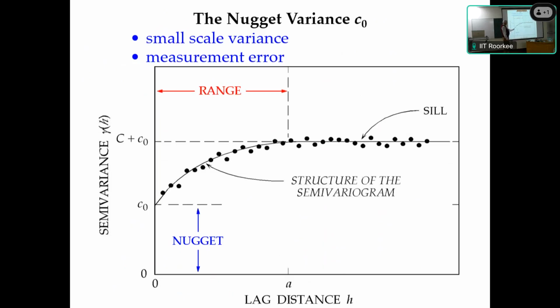On top of that nugget, we get the structured variability. The nugget is C sub naught, and the structured component is C, and here we have C plus C naught, that is then the sill, the plateau.